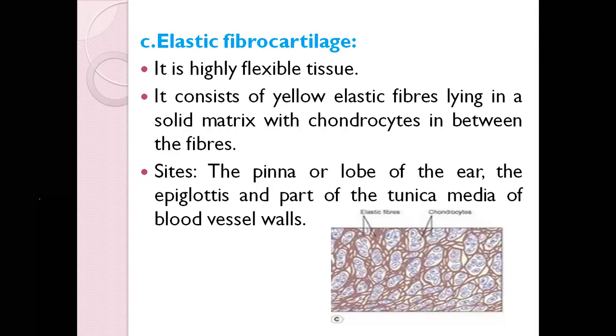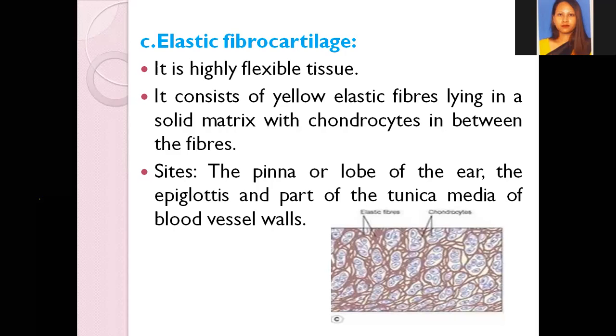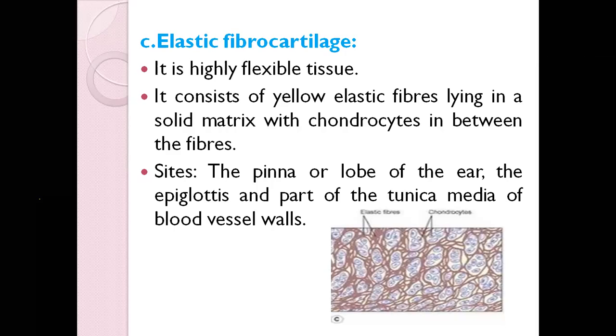It contains lots of elastic fibers, so this type of cartilage is very flexible. It consists of yellow elastic fibers lying in a solid matrix, with the chondrocytes in between the fibers, as clearly shown in the diagram.